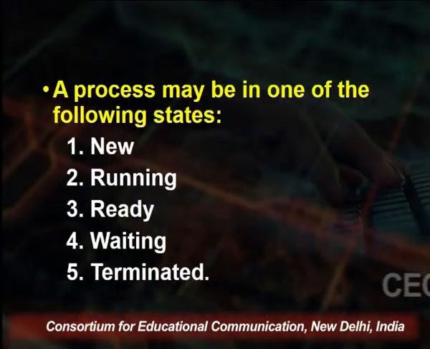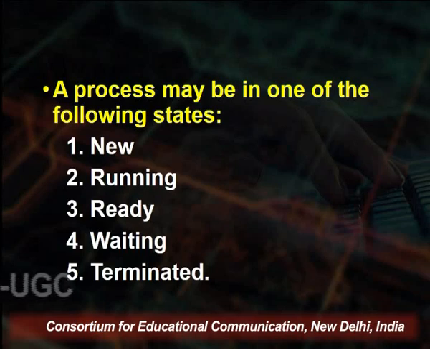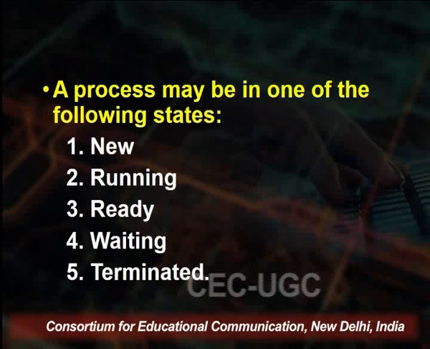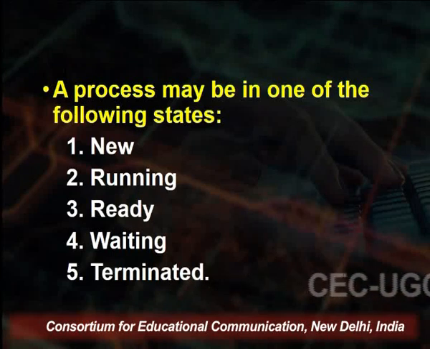Basically we can say there are 5 types of process states: new, running, ready, waiting and terminated. I repeat, new, running, ready, waiting and terminated. Now this terminology may vary from one operating system to another, and all these states may also vary.